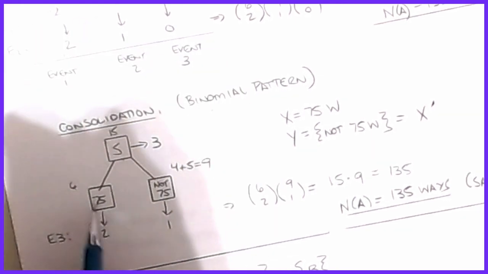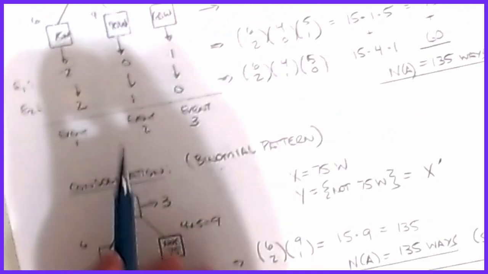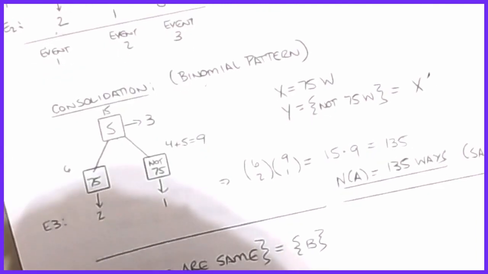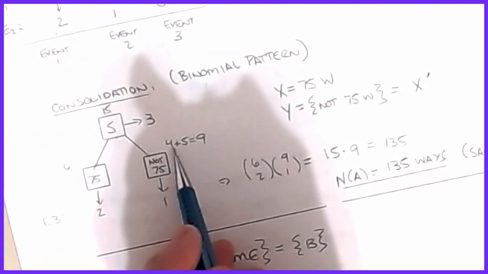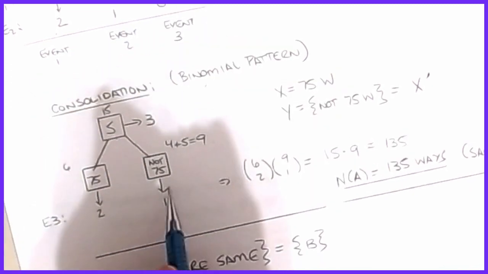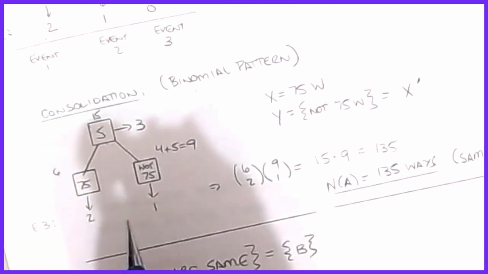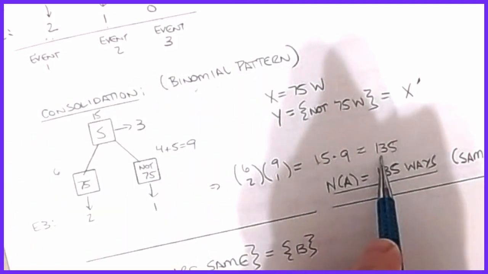Then I need 2 out of my 75, but instead of writing 40 and 60 separately, I'm going to lump them all into what I call a not 75, because I don't care where they're coming from. The number of not 75 bulbs in here is 4 plus 5, which is 9. And now I just know I'm pulling 1 out of that guy.